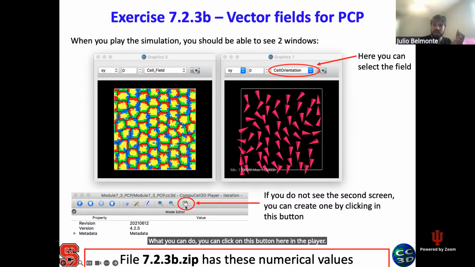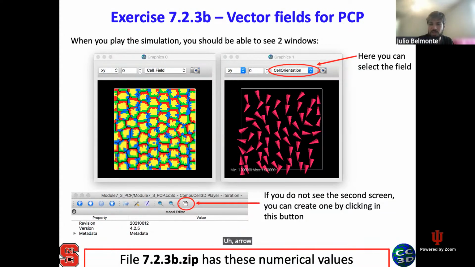That creates a new visualization window, so you have two cell windows side by side. In the one on the right, you click here and select the field you want to see. In this case, you select the cell orientation field, with the name that you gave it, and then you see all those arrows displayed for you.